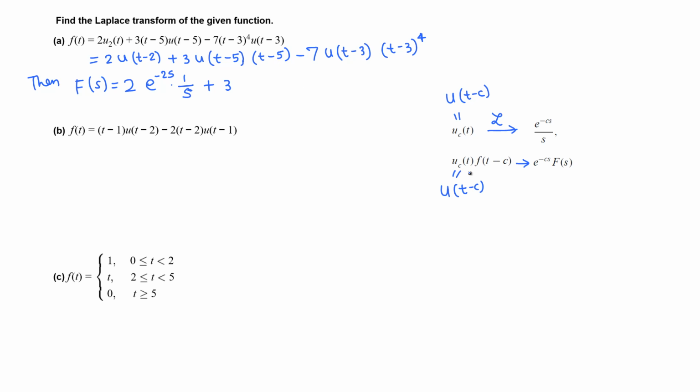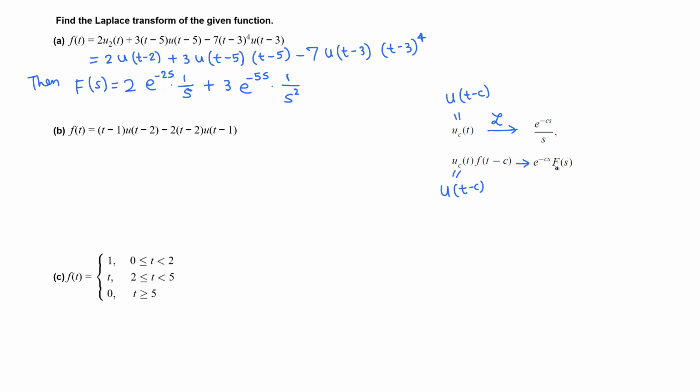This one matches the second part. We have the unit step function at 5, so e to the negative 5s. And since the function is f(t minus c) in that form, the function is in fact just t. And the Laplace of t is 1 over s squared.